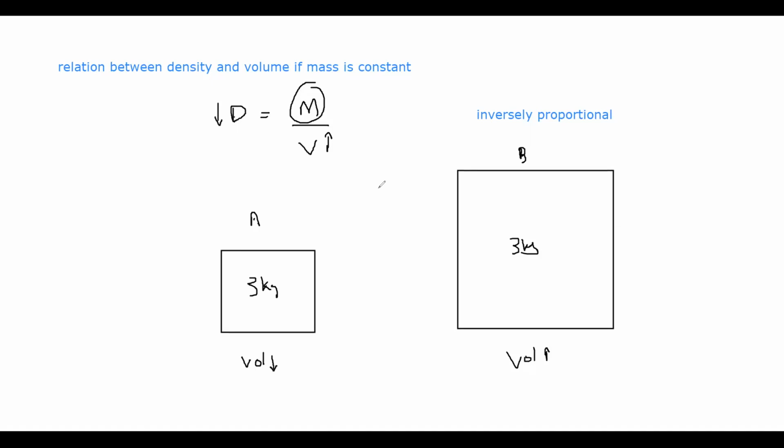In that case you have to calculate, otherwise without calculation you can identify from their volumes which is higher density and which one is lower density. So object A has a higher density and object B has a lower density.